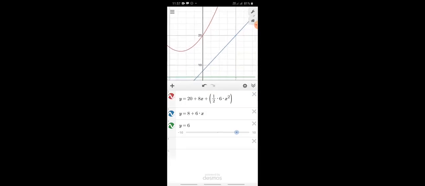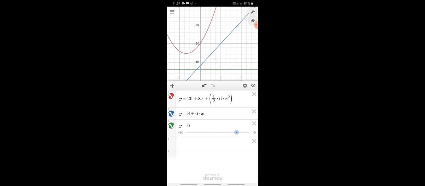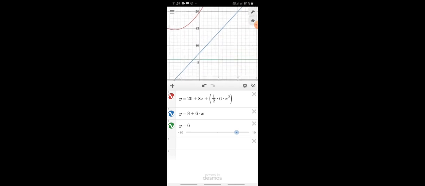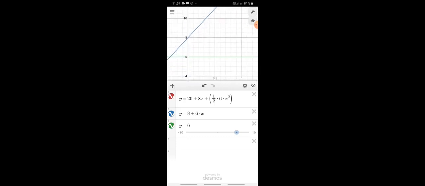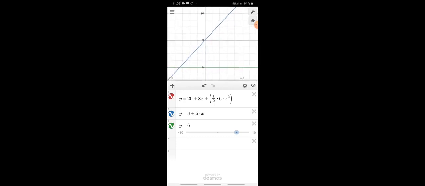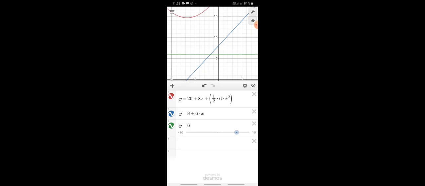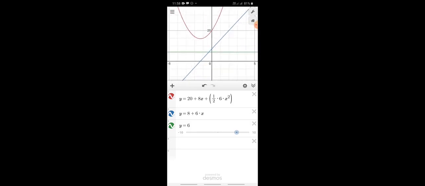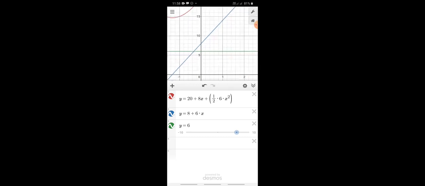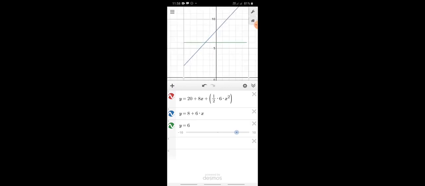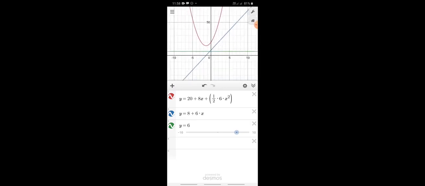So you started at 20 meters and then you had the velocity which is 8 meters per second. That's where you started your velocity graph. And the acceleration here is 6 because it's part of half at square. So acceleration is 6, and you can see that the acceleration graph, the green graph, starts at 6. Okay, so that's the basic equation.